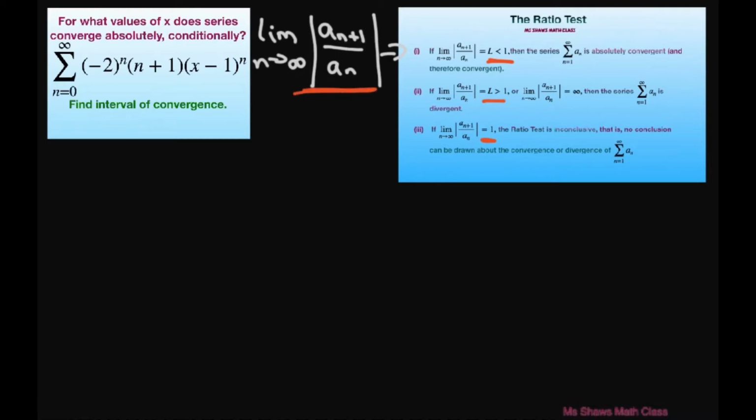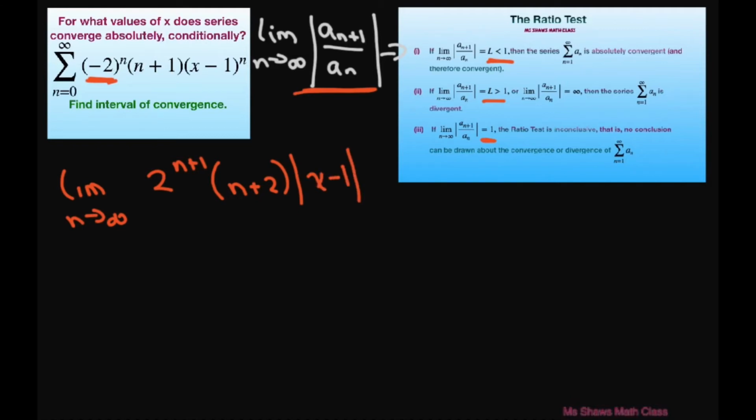We're going to use the ratio test and look at the limit as n approaches infinity. Now basically when you take the absolute value of negative 2 to the nth power, that's just going to be 2. So you're going to have 2 to the power of n plus 1 times n plus 2 times absolute value of x minus 1 to the power of n plus 1.